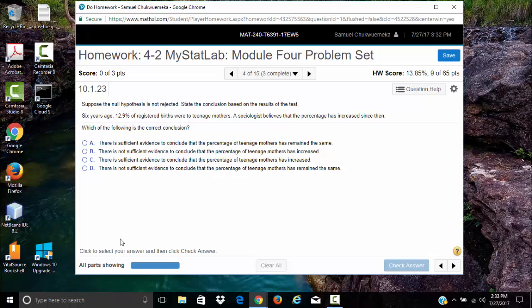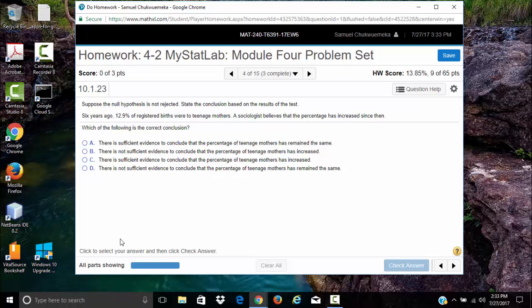If your decision is to reject the null, the conclusion is there is sufficient evidence to reject the null hypothesis. If your decision is fail to reject, the conclusion is there is insufficient evidence to support rejection of the null.